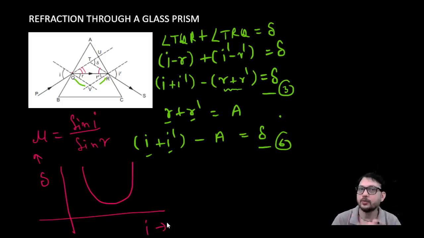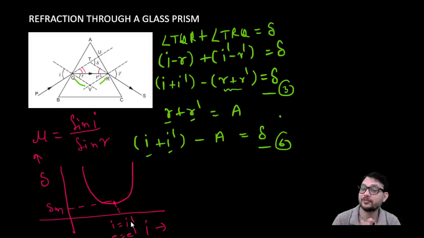It is not absolutely U-shaped, but slightly curved. There is a point at the bottom of the graph, and this is the minimum deviation, or angle of minimum deviation. And here, I is equal to I dash and E is equal to E dash.